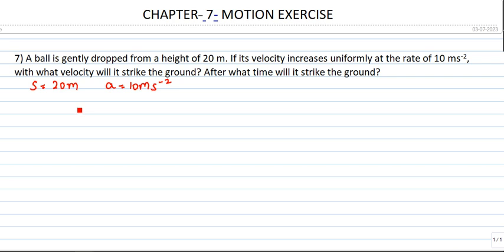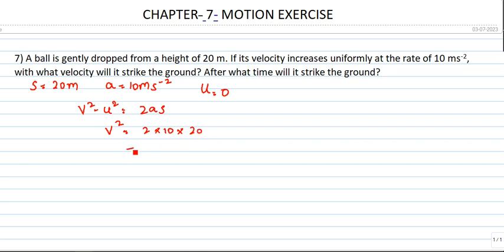So how do we find velocity? v square minus u square is equal to 2as. So here what do we have? u is equal to 0 because the object is dropped, so there is no initial velocity for the object. So v square is equal to 2 into 10 into s, which is 20.